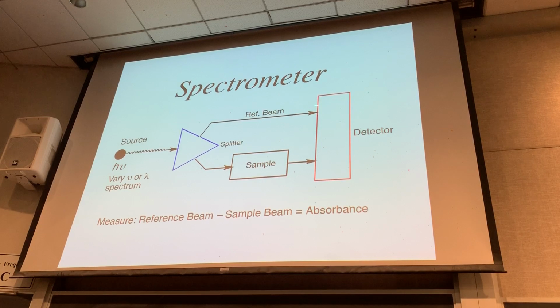It stays linked to what the source is. And then another part of the beam is shunted into the sample. So here's the sample tube that can absorb some of that radiation, okay? So what the detector sees here is we just measure the difference between the reference beam, which stays unabsorbed, and the sample beam, which is absorbed at specific frequencies. And that gives us our absorbance, okay?